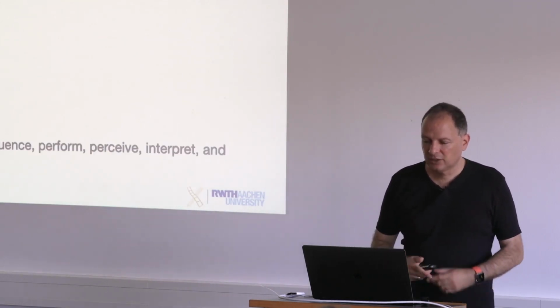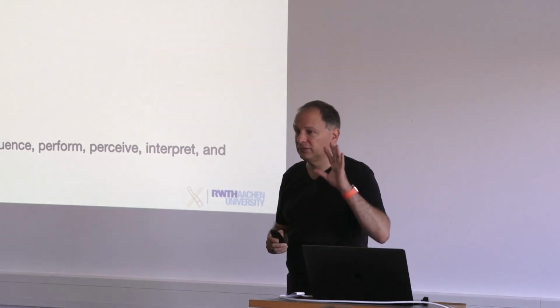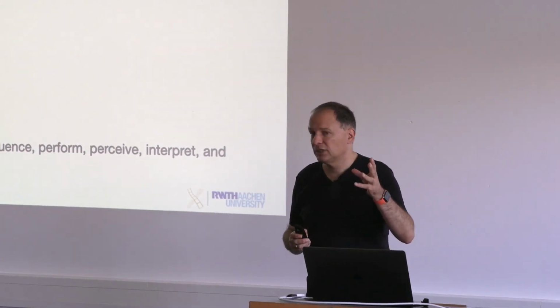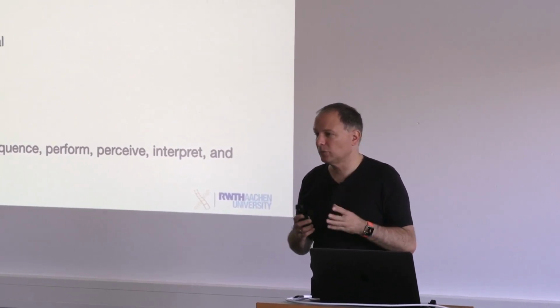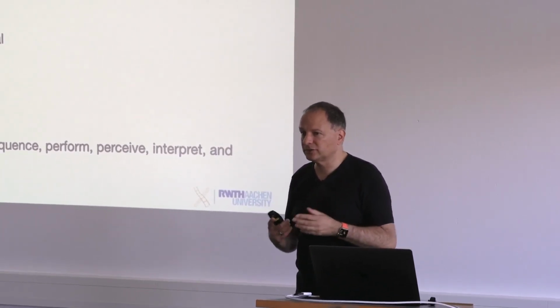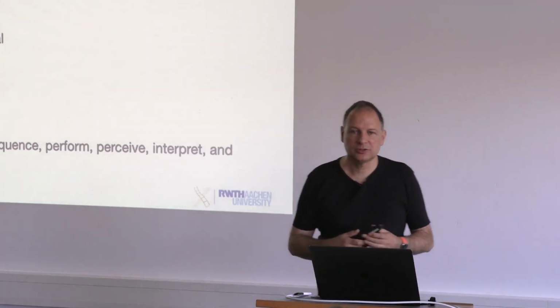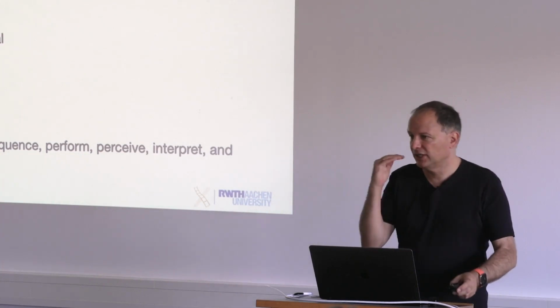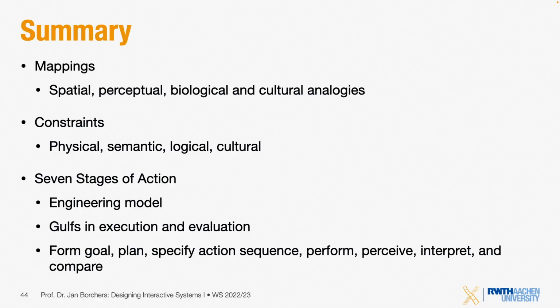And then finally, we've seen the 7 stages of action, which is, I need to say, just like Fitts' law or like CMN, right? All these models are engineering models of how humans work, right? We don't really have these 7 stages that we clearly can distinguish in our brain, but it's a good enough model to look at a problem, to tease it apart, and figure out how to make a good interface.